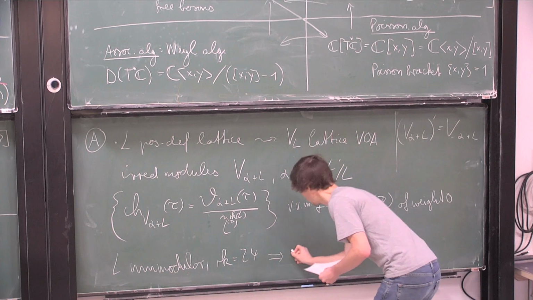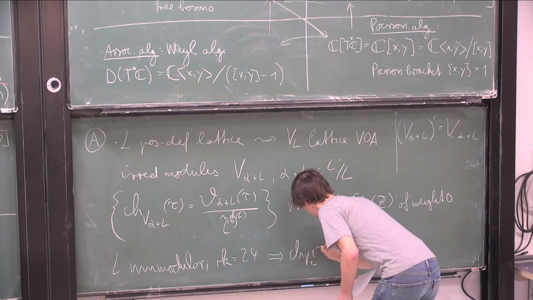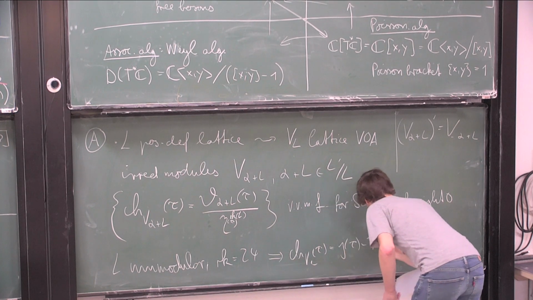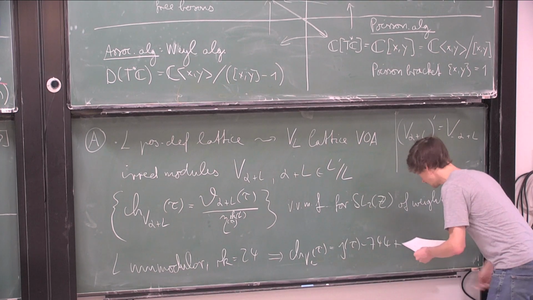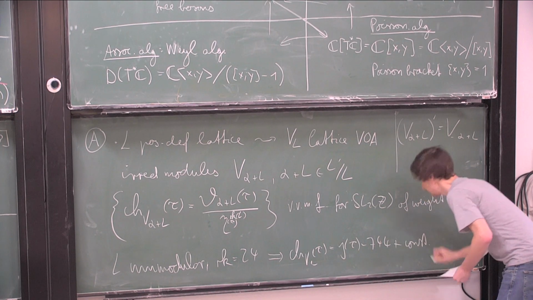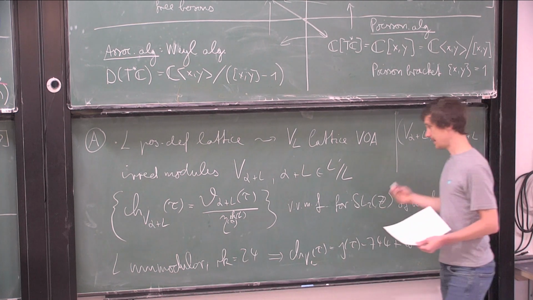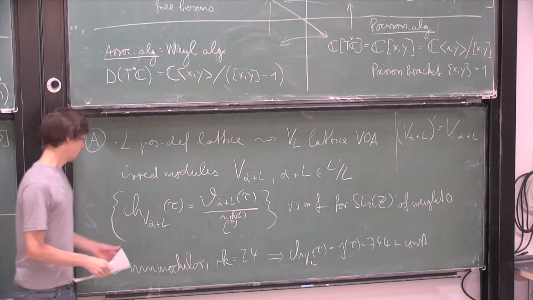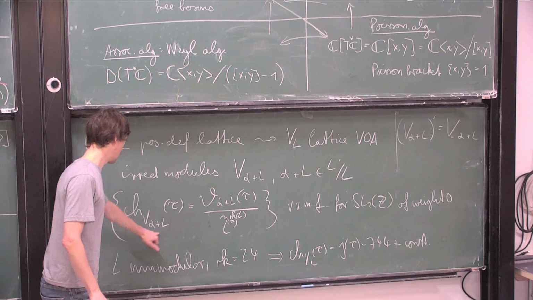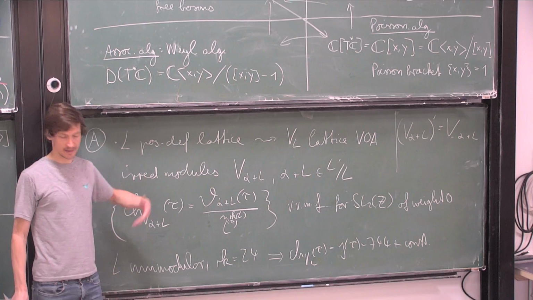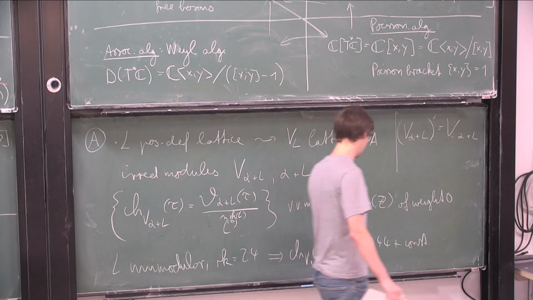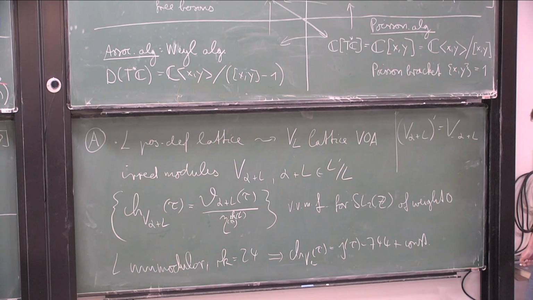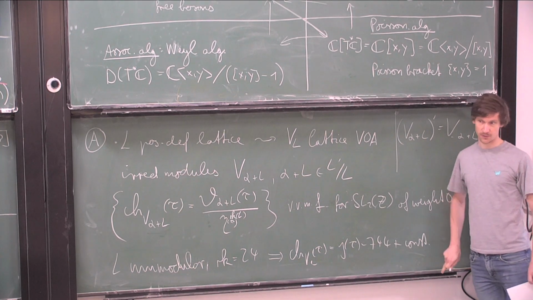So then the character of this lattice will be J(τ) - 744 plus some constant, which is the number of roots in the lattice. Yeah, so I mean, this you have to understand, which I didn't tell you, how this grading works on the lattice vertex algebra, but it turns out that this constant here, so you get the J function, and this constant depends on the number of roots of the lattice, it's 24 plus the number of roots in the lattice.